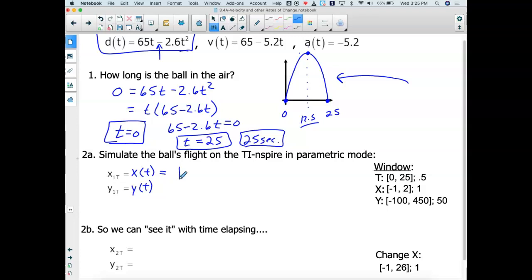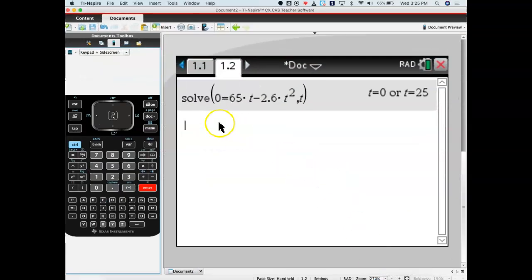Now, this is just so I can see it up or down. I can make that anything I want. And the height of the ball is going to be my y value, which is going to be 65t minus 2.6t squared. All this is going to do is show you the actual path that the ball traveled. It's kind of neat. I like looking at it.